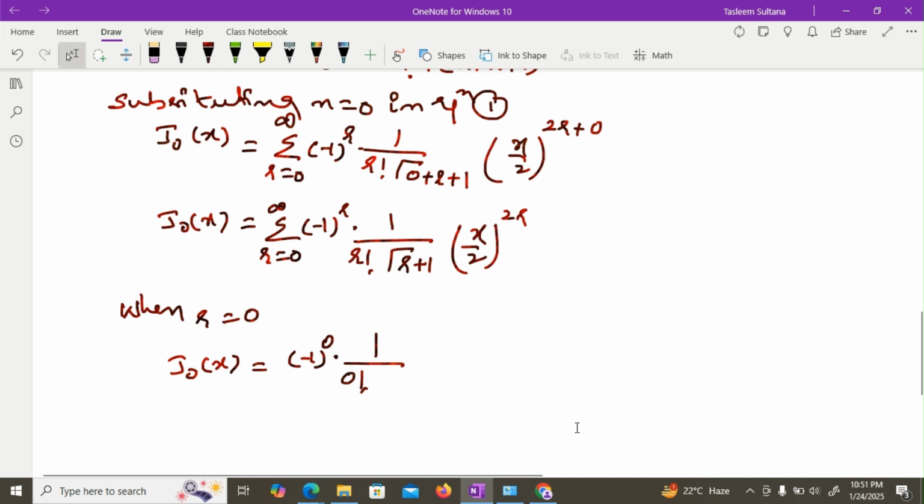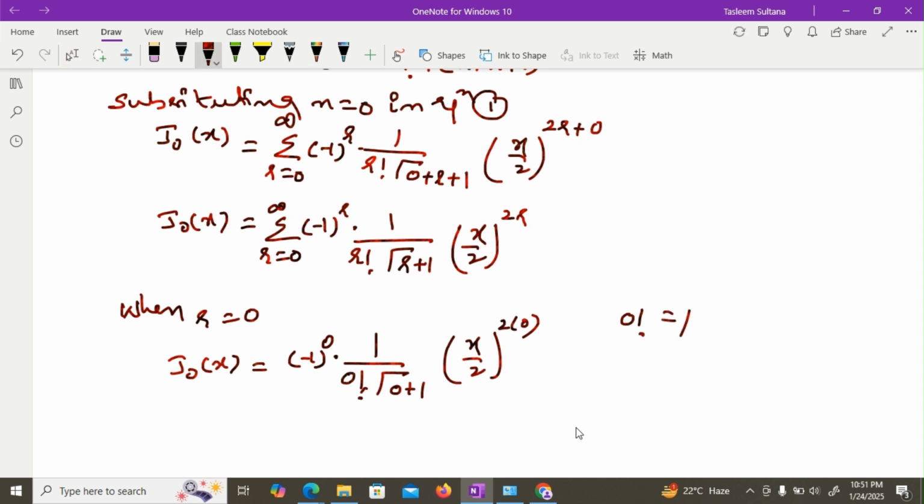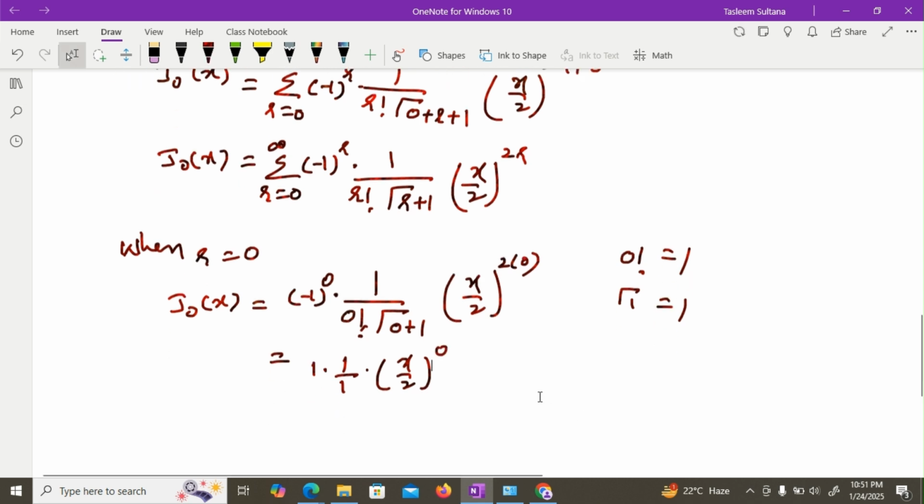First, when r is equal to 0, J naught of x is equal to minus 1 to the power of 0 by 0 factorial gamma of 0 plus 1 of x by 2 to the power of 2 into 0, where 0 factorial is equal to 1, gamma 1 is equal to 1, and something to the power of 0 is also equal to 1.